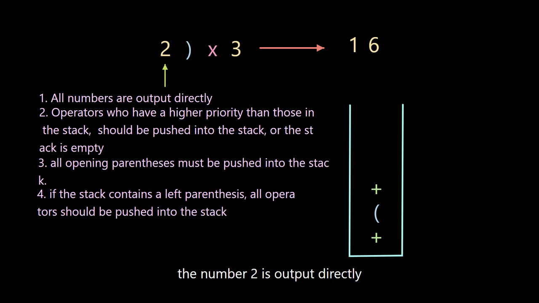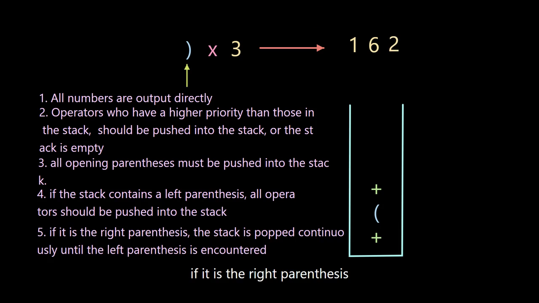Next, the number 2 is output directly. Then there is the right parenthesis. Rule 5: if it is a right parenthesis, the stack is popped continuously until the left parenthesis is encountered. So pop the plus sign, hit the left parenthesis, and end.